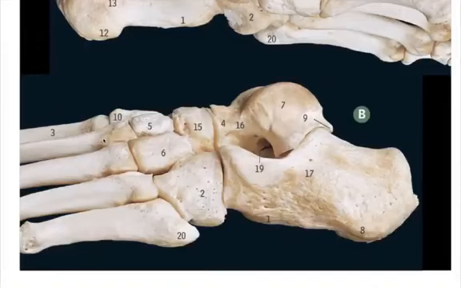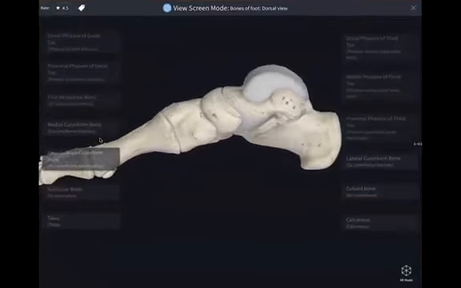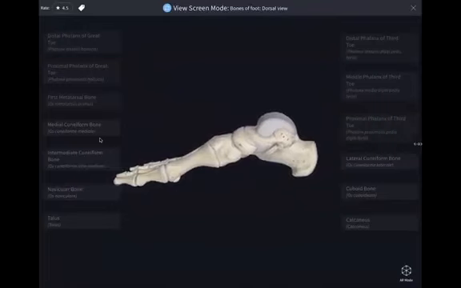Okay. If the bones are clear, next, there are a few things you have to know. From this 3D, what you can see, there is an arch, right? So this is the medial surface. That means you are having a medial longitudinal arch.